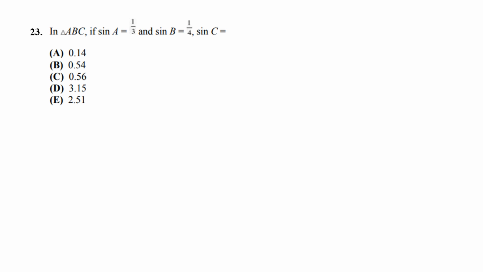In triangle ABC, if sine A equals 1/3 and sine B equals 1/4, sine C equals, well, we can get the angle measurements of A and B by using inverse sines, right? So it stands to reason that we can subtract those values from 180 and get our angle of C and just take the sine of that.